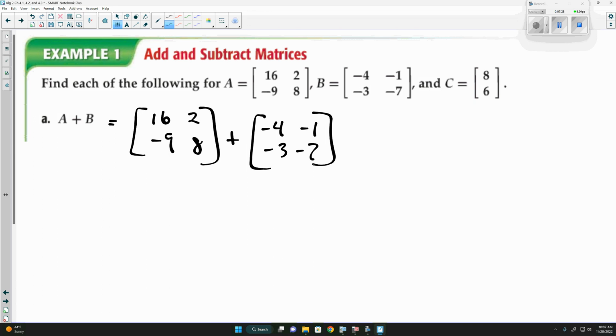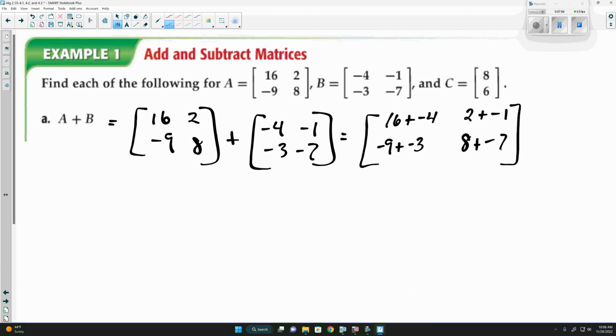So A 1, 1, first row, first column is 16, and we would add to it matrix B 1, 1. But really, we're saying that we're having 16 plus -4. Then we'd have 2 plus -1. Then we'd have -9 plus -3, and 8 plus -7.